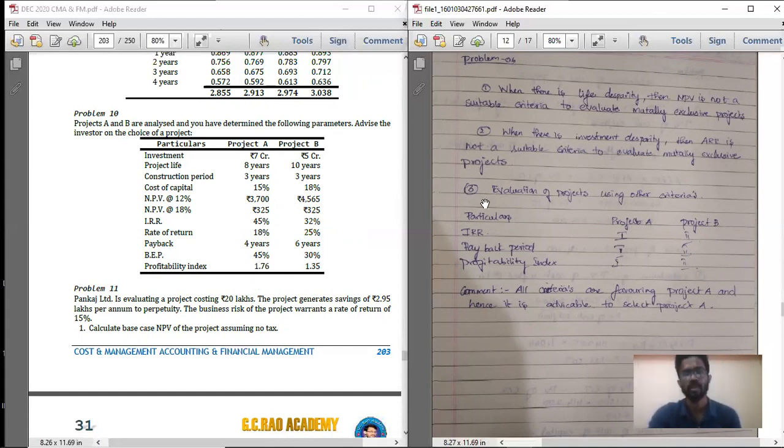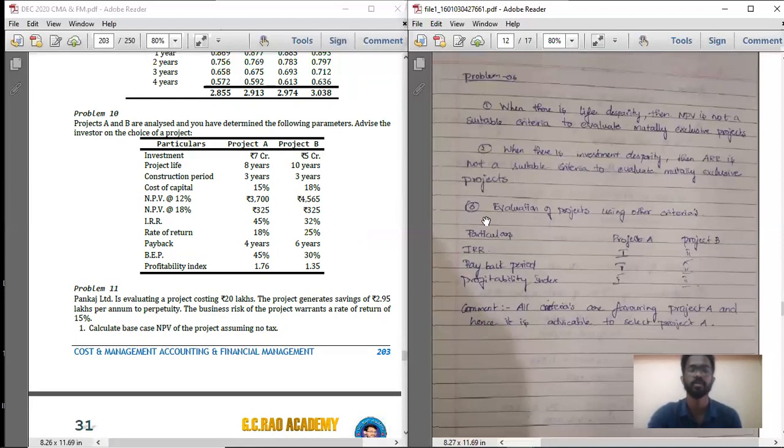So problem number 10, take down. Basically, what they have given in the question: project A and B are analyzed and you have determined the following parameters; advise the investor on choice of the project. So problem number 10, take down below that point number 1. Always remember this.